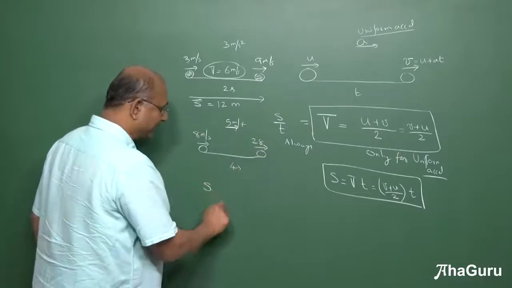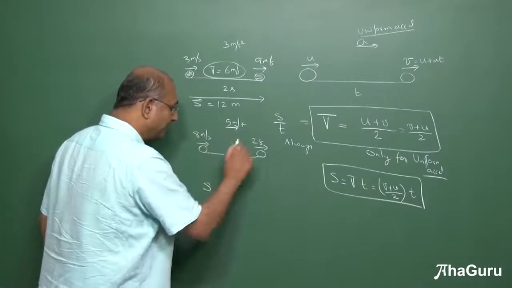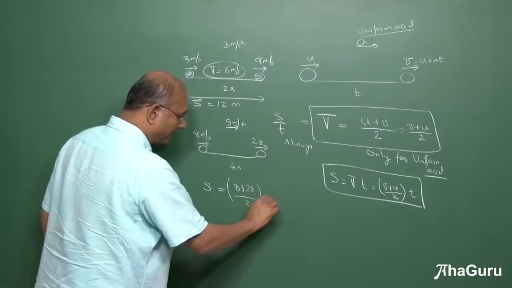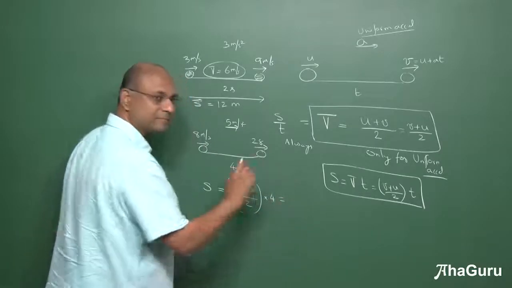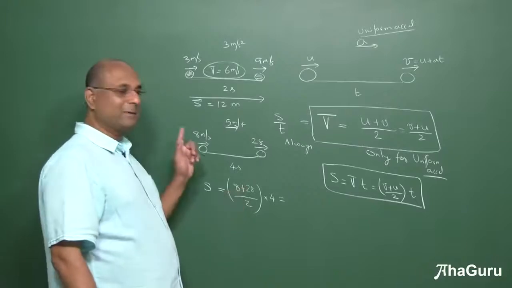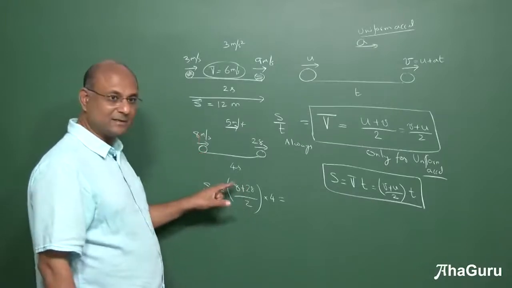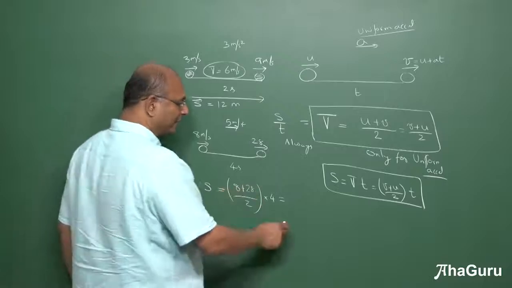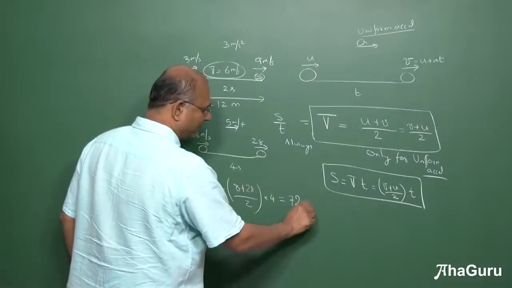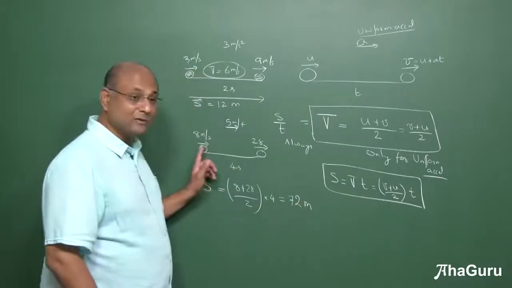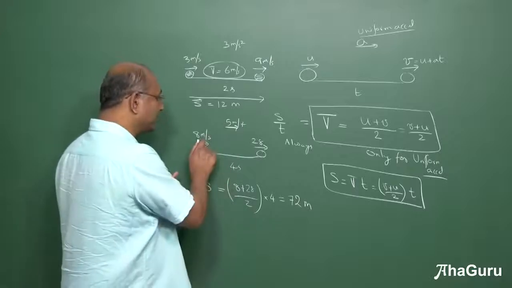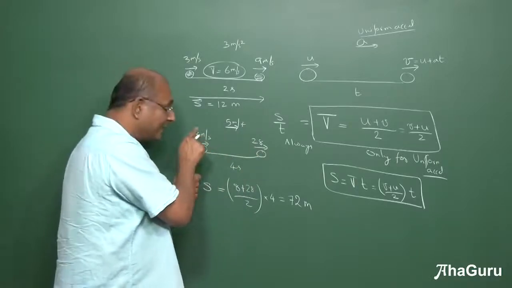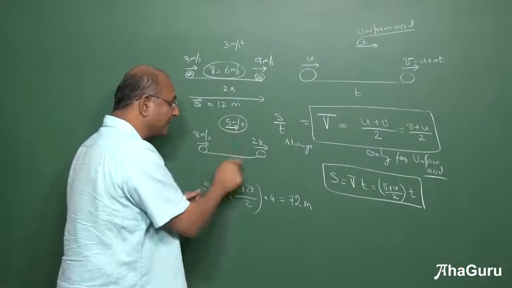So what is the displacement? Average velocity into time, right? So what is 28 plus 8? 36, right? 36 by 2 is 18, 18 into 4 basically is going to give you 72 meters. So is that clear? So we can find displacement if I know the initial velocity and the final velocity, and you can find the initial or final velocity if you knew the acceleration and time.